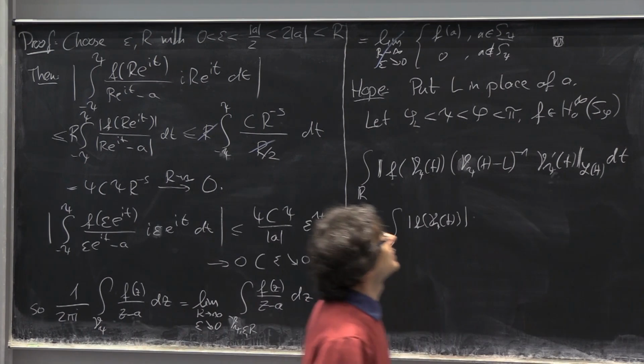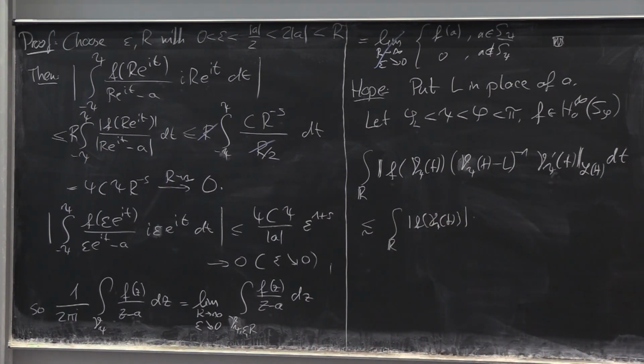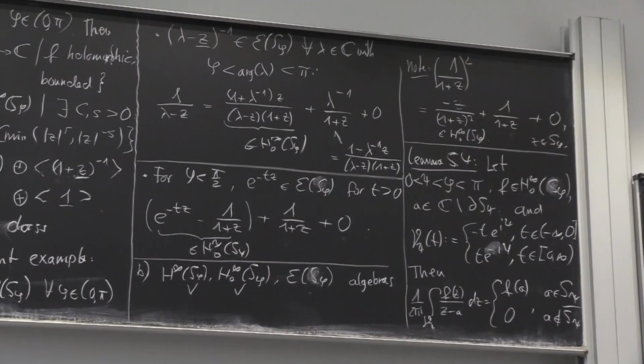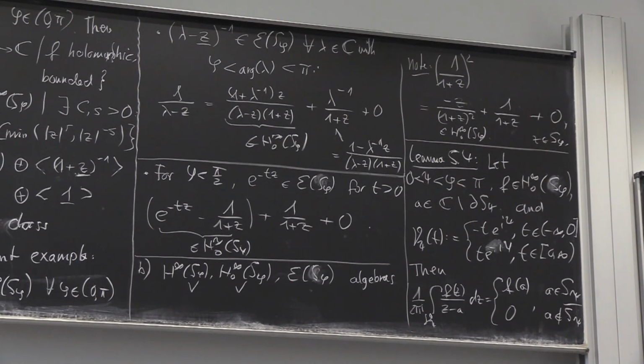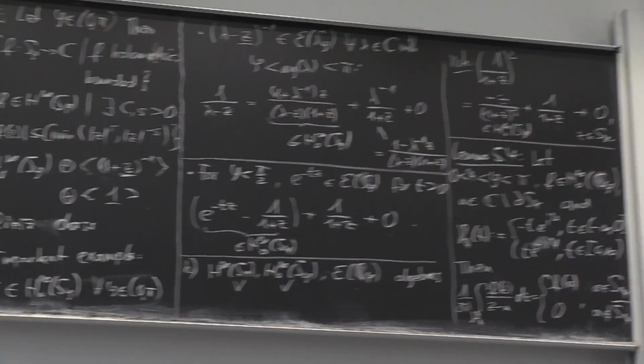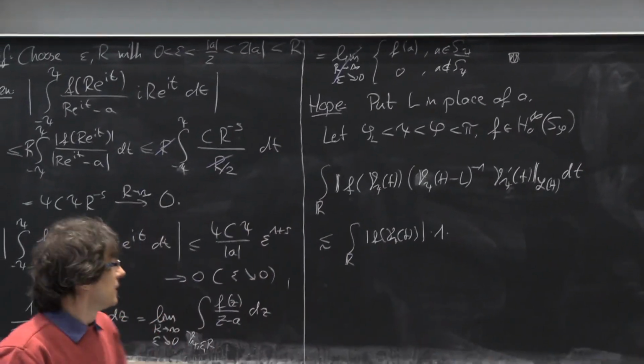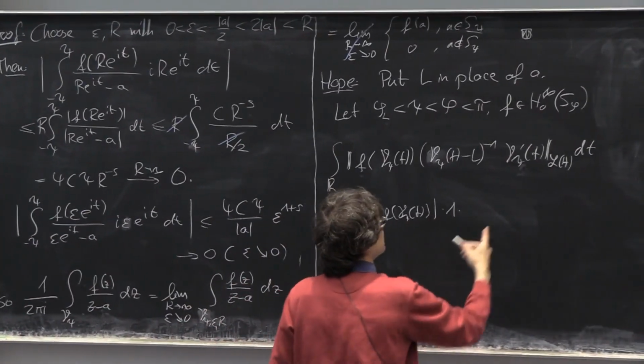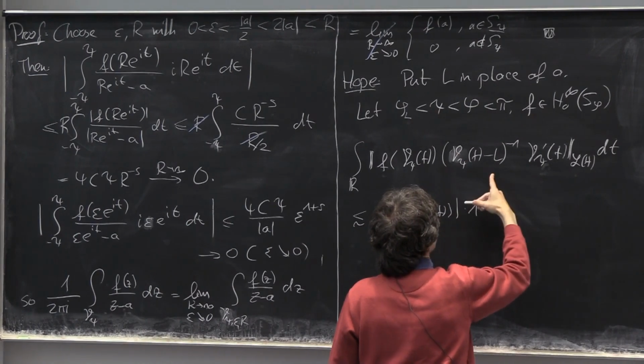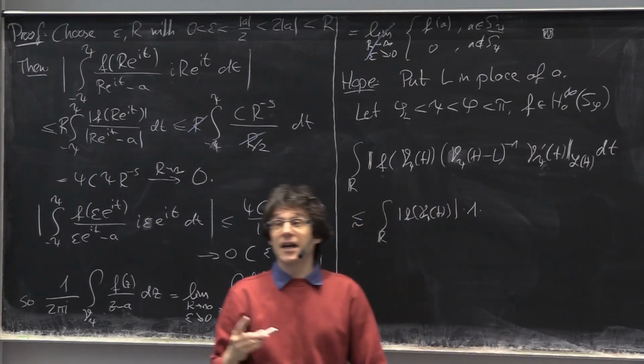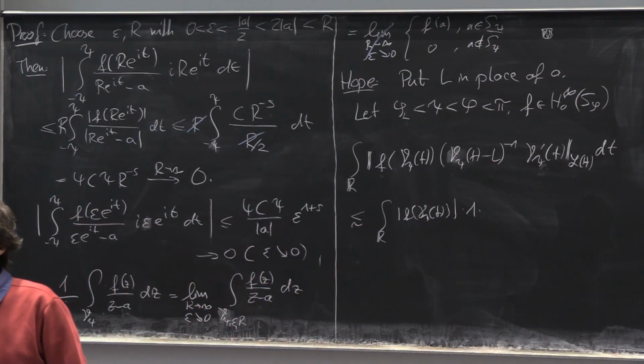If you do the derivative with respect to t, this gives you just e to the i psi, or e to the minus i psi, so this has modulus 1. And what remains is the operator norm of this resolvent, but now we know that our operator L is a sectorial one.